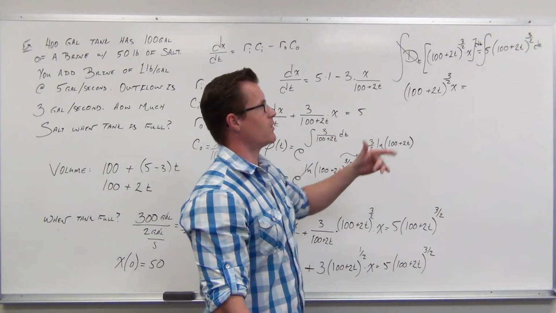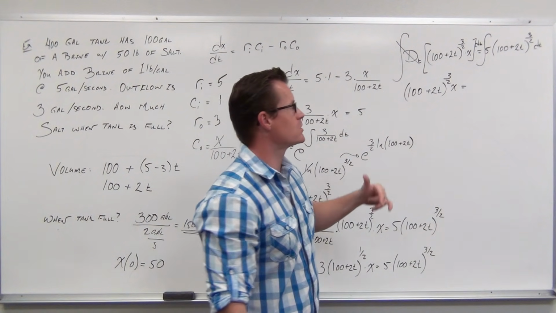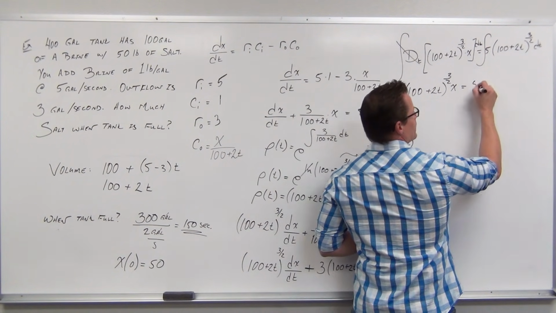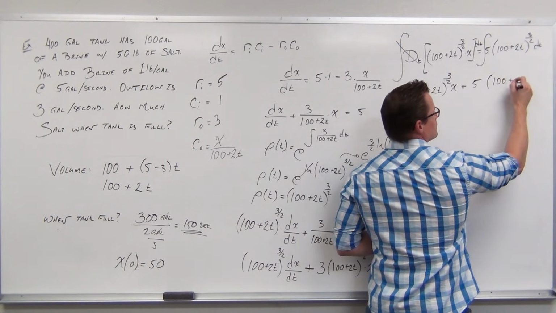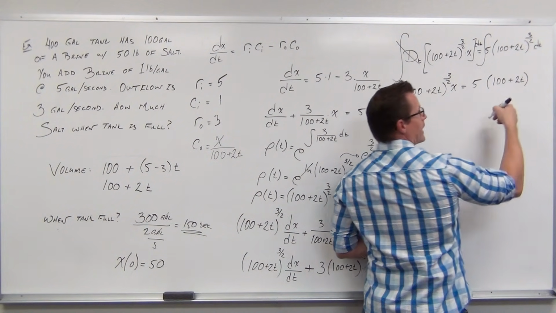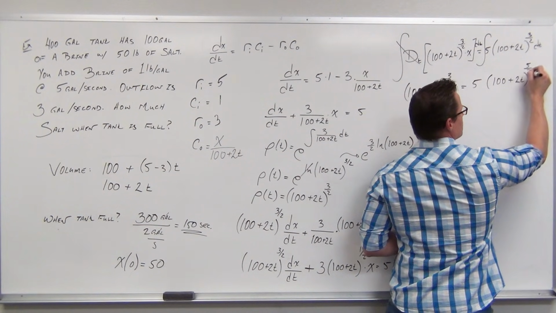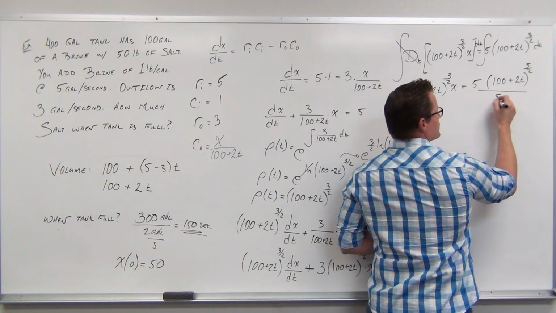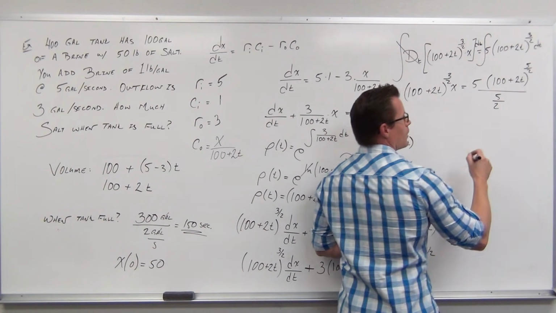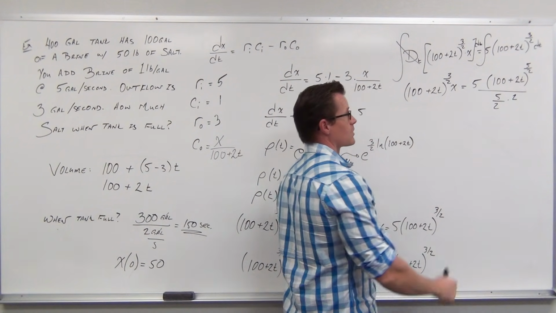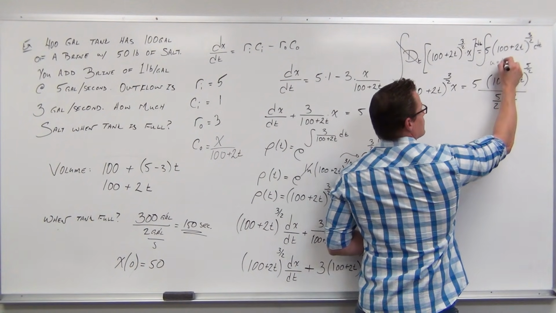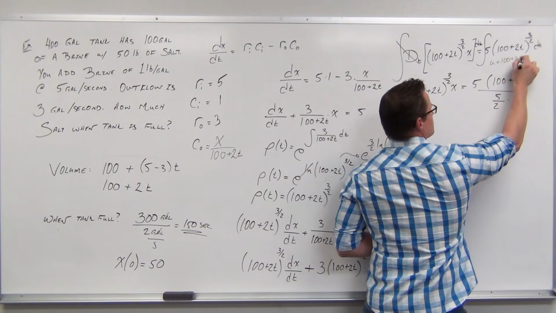We can pull the 5 out, we have another u sub, we add 1 to our exponent. So 5, keep our inside, add 1 to the exponent, divide by the exponent, but also divide by the derivative inside. So our u would be this 100 plus 2t.